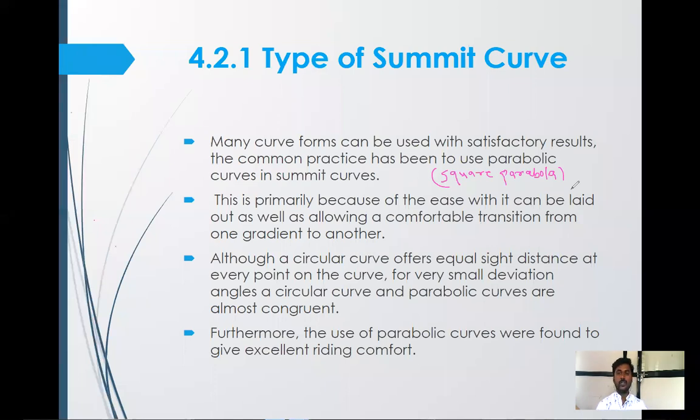Okay, circular curve gives equal sight distance at every point with a small deviation of the angle, but the circular curve as well as the parabolic curve are almost concurrent curves. Furthermore, the use of the parabolic curve was found to give excellent riding comfort.